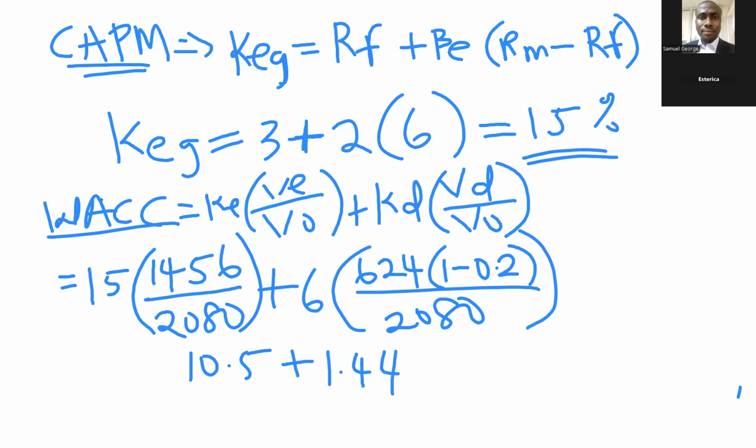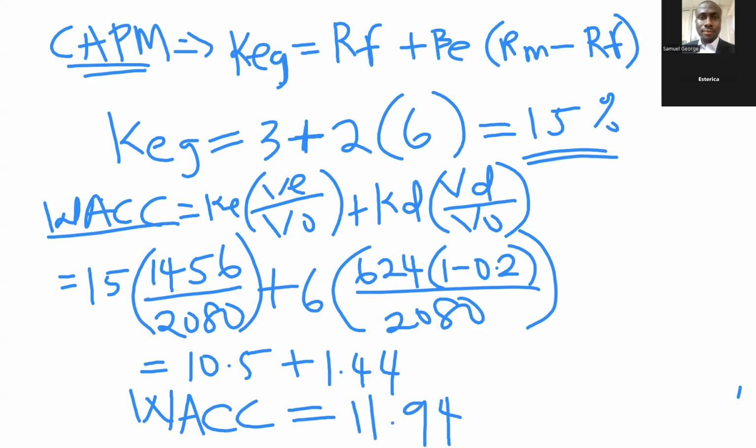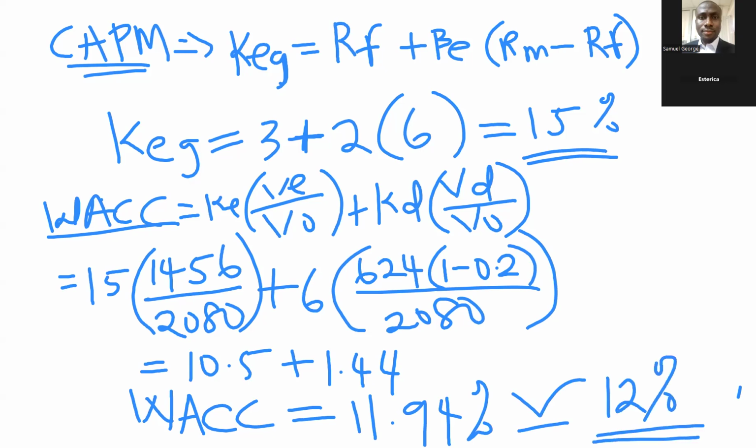So our WACC, our project-specific cost of capital, equals 1.44 plus 10.5, which is 11.94%, approximately 12%.